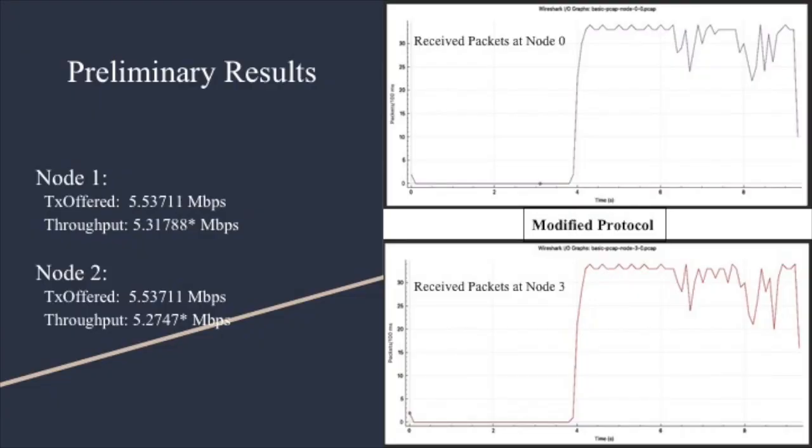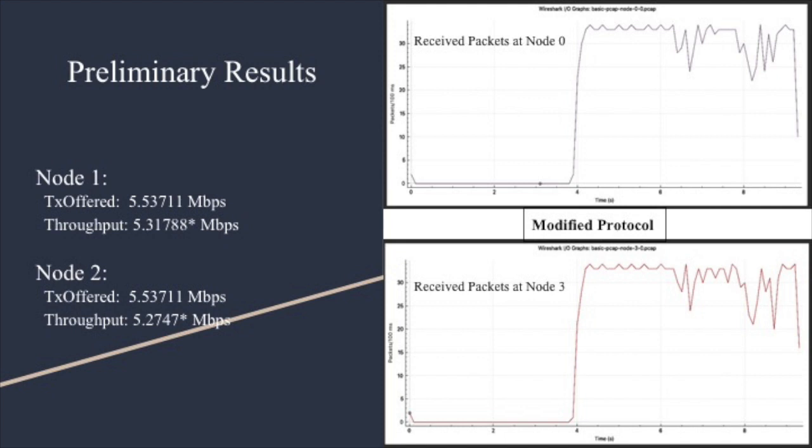And so now we want to demonstrate how our protocol modifications perform against the unmodified protocol. As you can see, the packets per 100 milliseconds increased from right around 20 packets per 100 milliseconds to around 35. And this is reflected in the fact that our throughput achieved was right around the throughput offered.